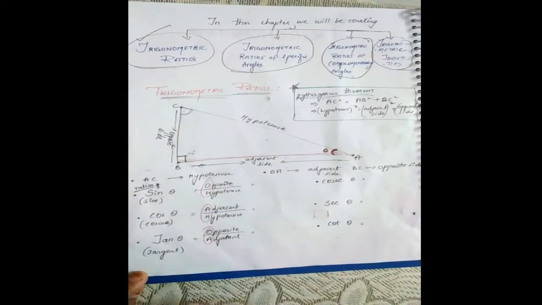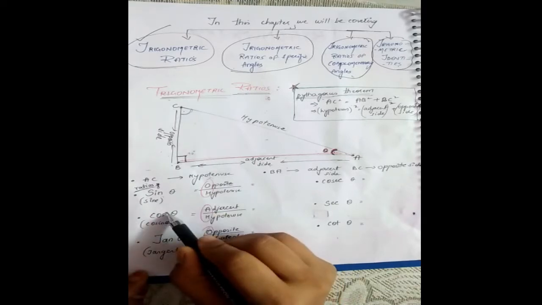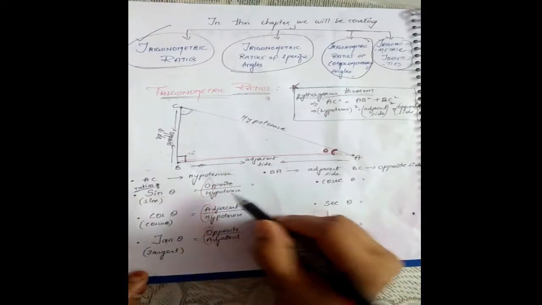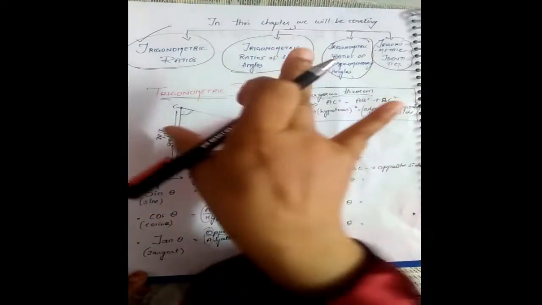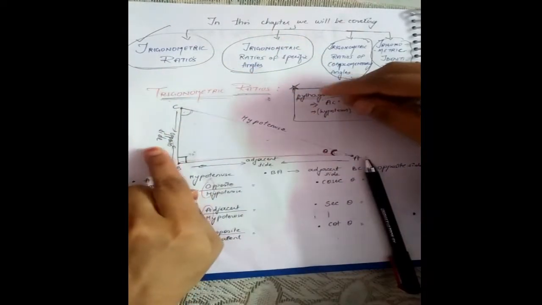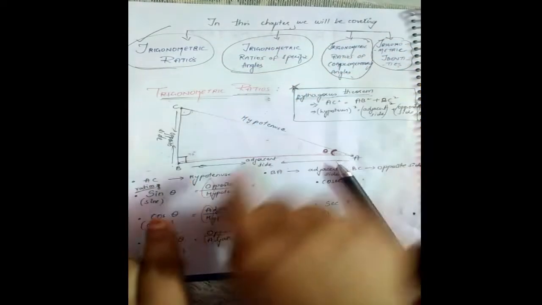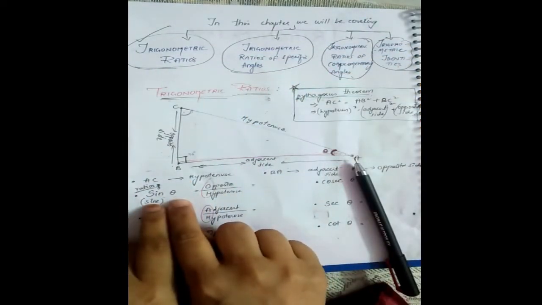What is sine theta? Opposite by hypotenuse. This is one of the ratios. Opposite by hypotenuse is sine theta.